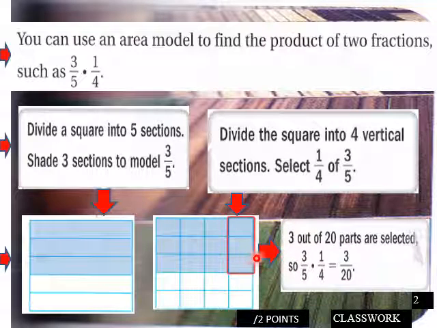So this is another way of doing it. Then 3 out of 20 parts are selected. So 3/5 times 1/4 would be 3 over 20. So we have a total of 3 here out of 20 total here. So the 3/5 of the original 20 squares times 1/4 would be 3 out of the total of 20.